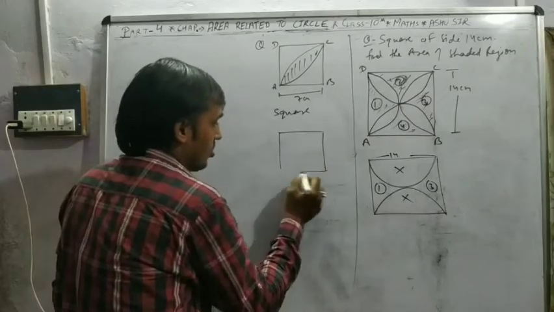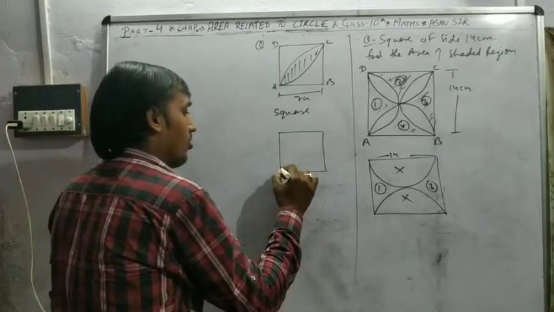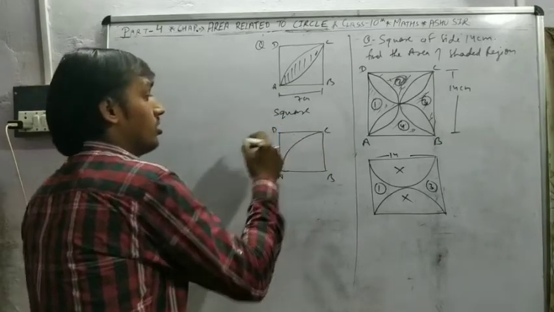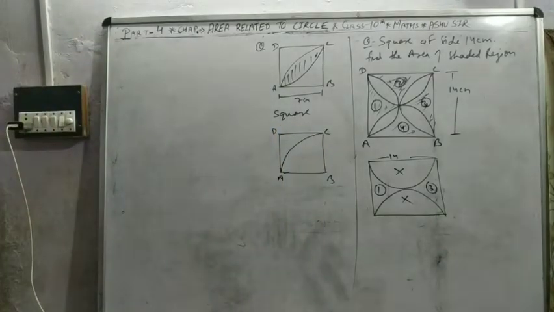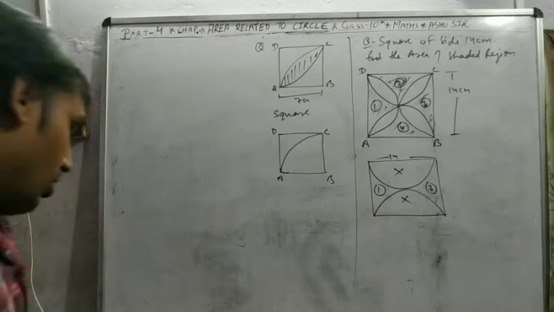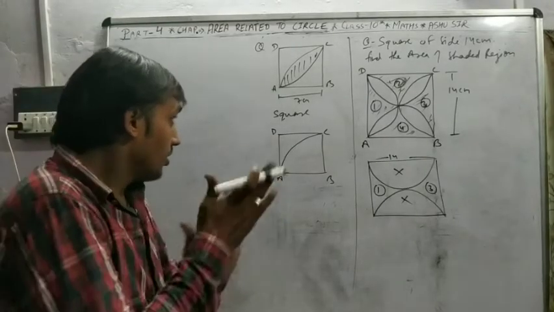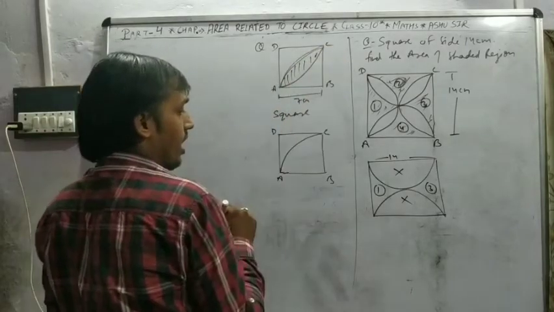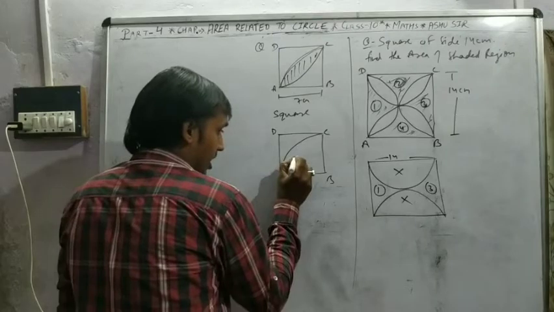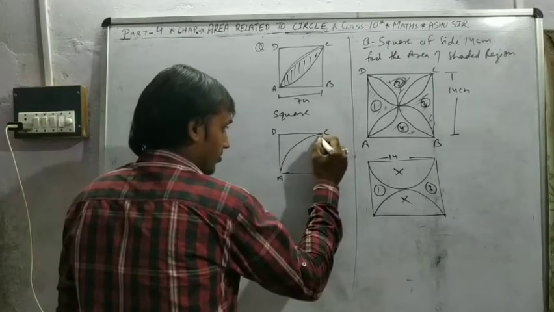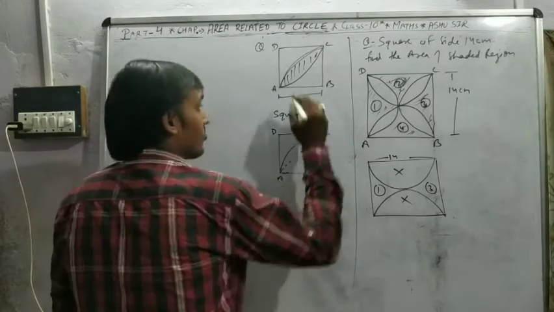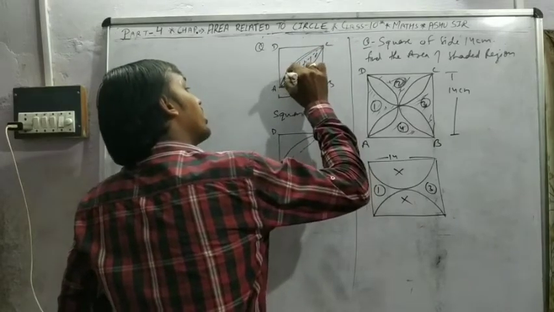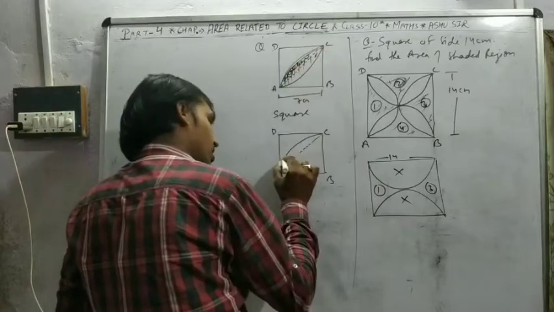Cut the figure, cut out ABCD. This line is this, and if I say AC is the diagonal, so this part is this.